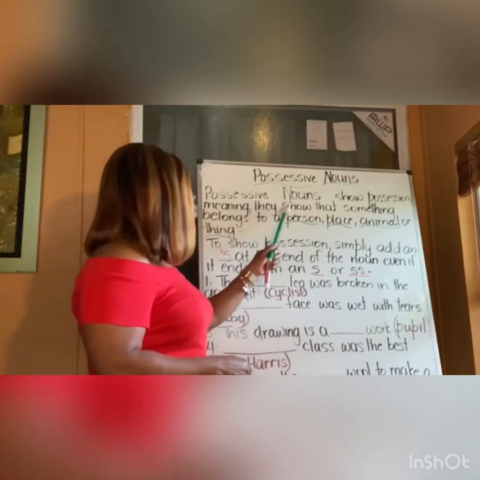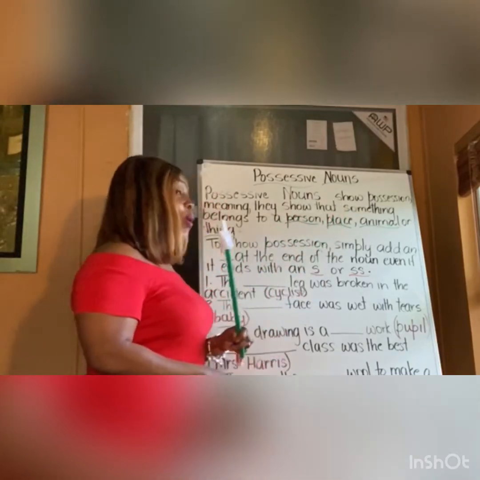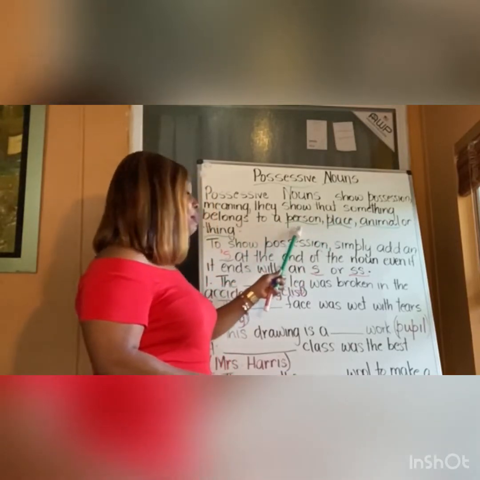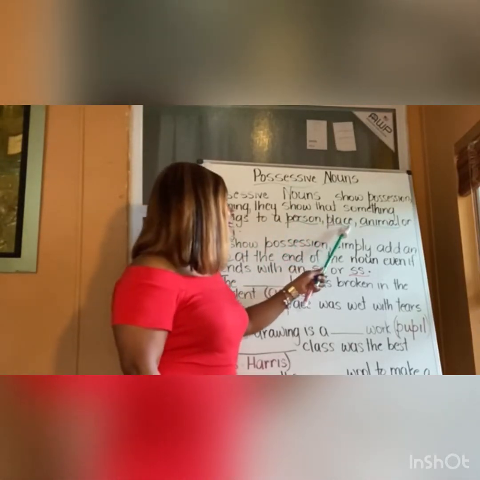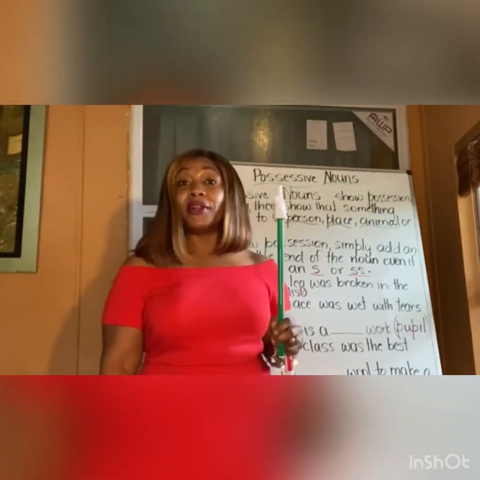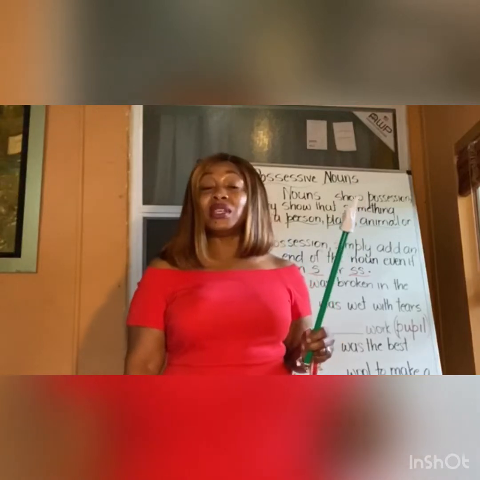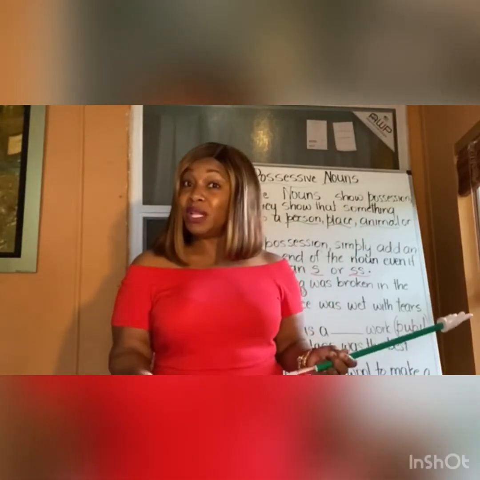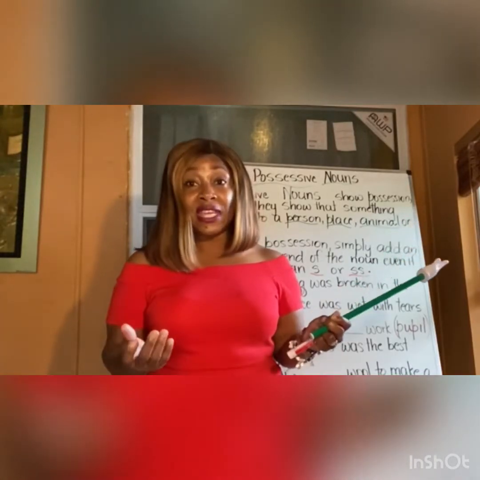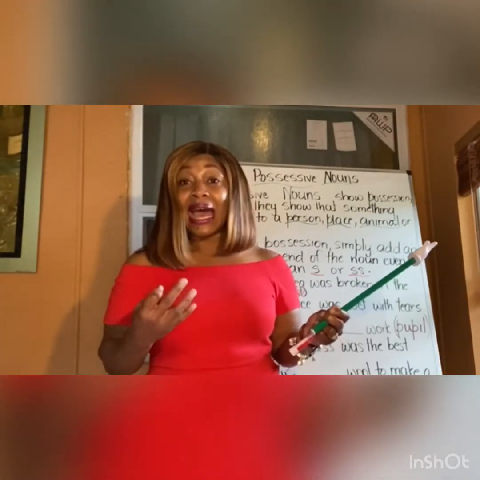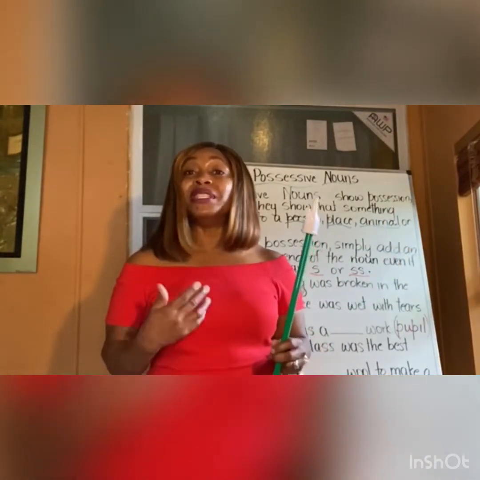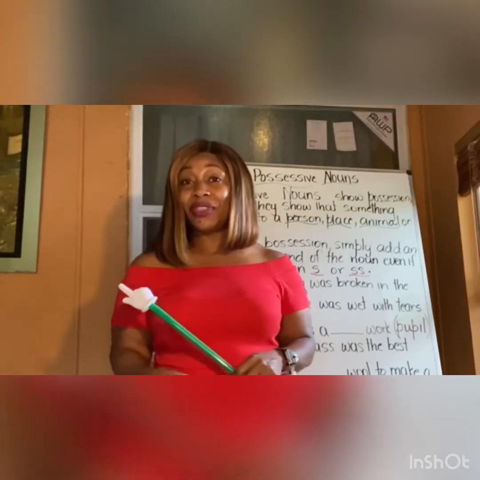Possessive nouns show possession, or they show that something belongs to a person, a place, an animal, or a thing. Remember that nouns are the names of people, places, animals, and things. So if these persons, places, animals, or things own something, then we use a possessive noun to show this.